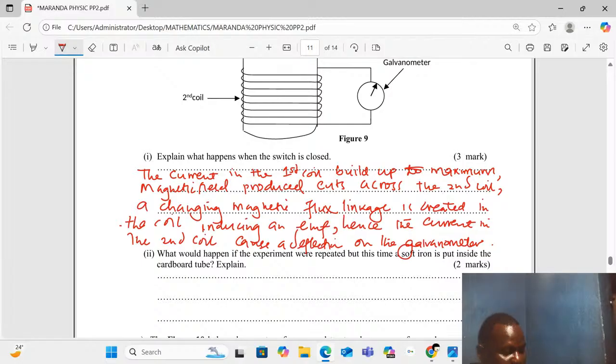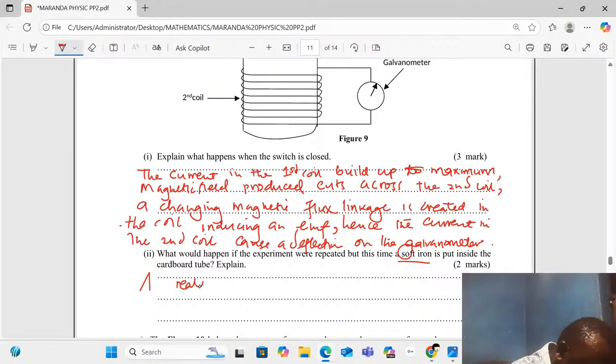What would happen if the experiment were repeated, but this time a soft iron core is put in the cardboard tube? Remember, if a soft iron core is used, then it is going to improve the flux linkage, the rate at which the magnetism that is created is going to link up with the second coil. Therefore, we do expect a greater deflection.